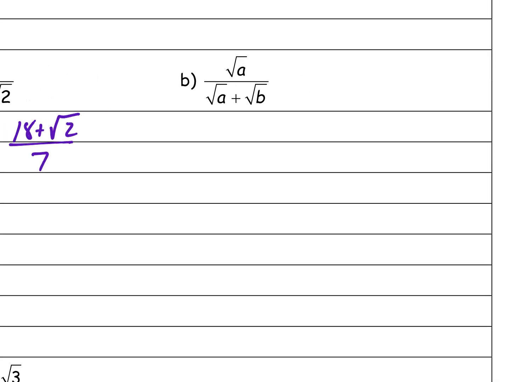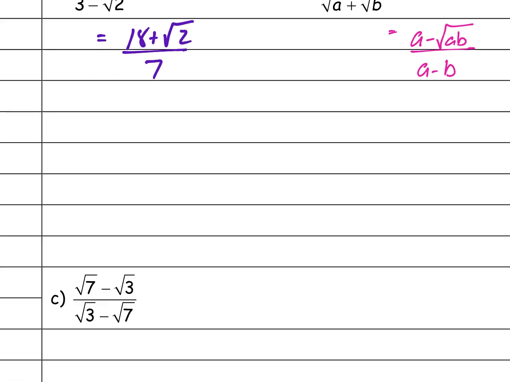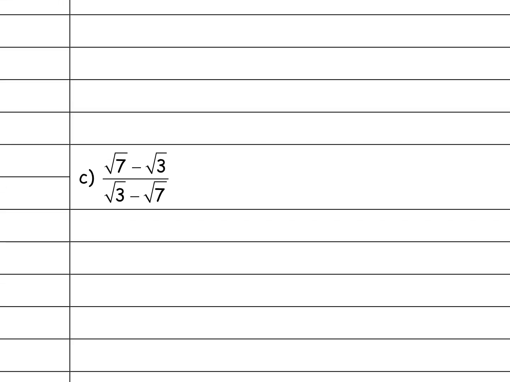Number B should equal A minus the square root of AB all over A minus B. Ugly, but true. And then C should equal -1. Everyone okay with that? Any questions whatsoever?